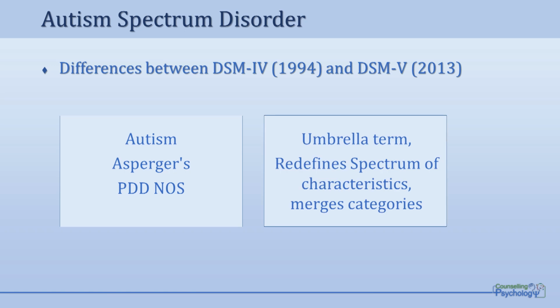But according to DSM-5 published in 2013, all these conditions come under one umbrella term, now known as Autism Spectrum Disorder or ASD. The DSM is used by healthcare professionals and it contains descriptions, symptoms and other criteria for diagnosing mental disorders.